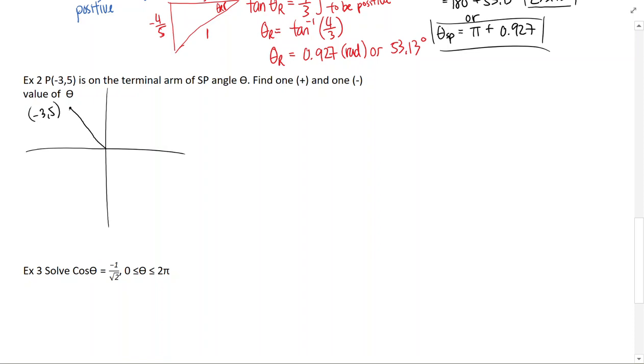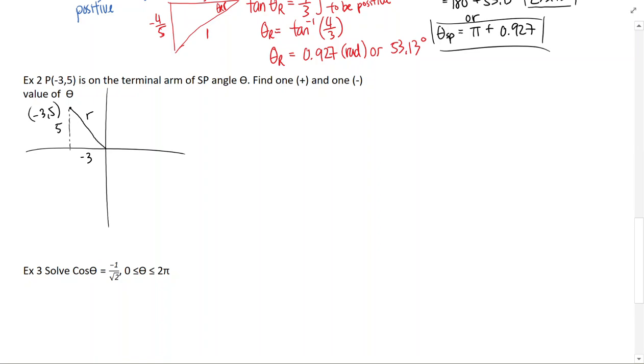Think of this as a triangle this time. We know this is -3 and this is 5. But this time we don't know what the radius is, because it doesn't say anything about a unit circle. So we need to find out what r is.